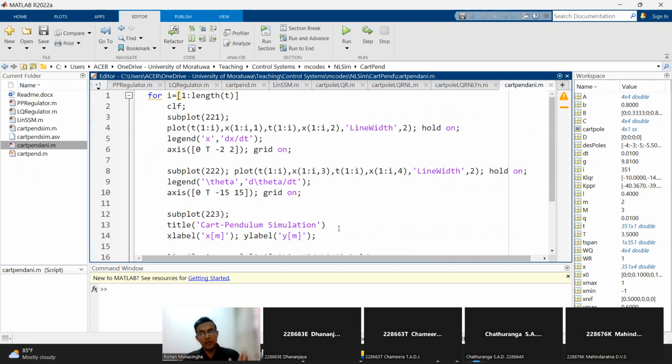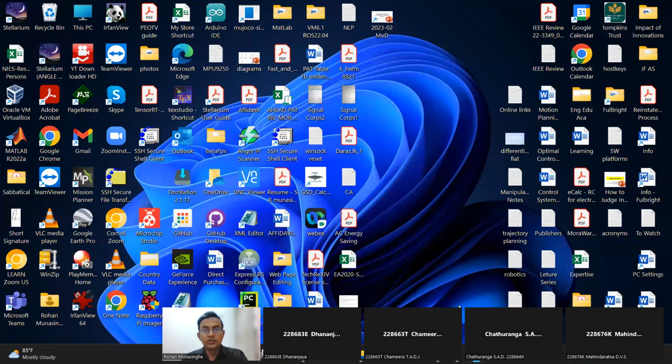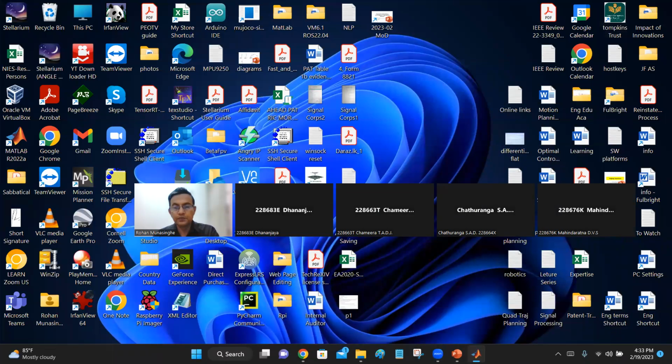You have the main MATLAB code which gives you the initial parameters, and then for the system dynamics, you go to another MATLAB code, and then it generates the state space model, and then you come back to the main code and call the animation, right? That's how it happens. Okay, right. So I think that's it for the day.